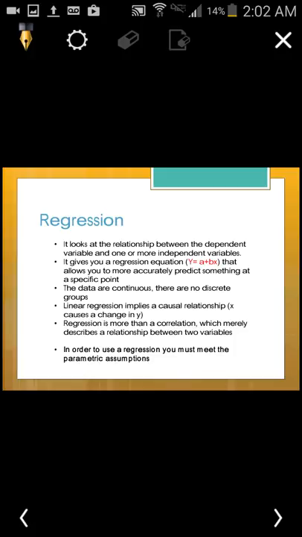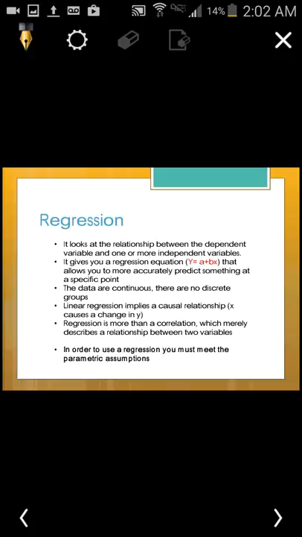It looks at the relationship between the dependent variable and one or more independent variables. This is regression. I'm guessing this is going to be like linear regression, how well you fit on a line.